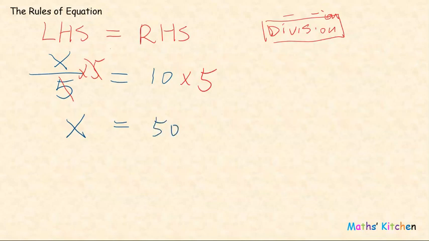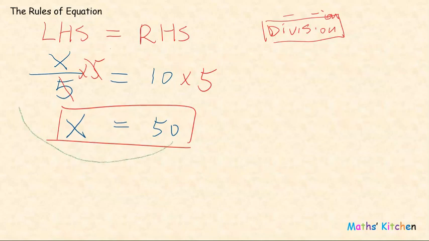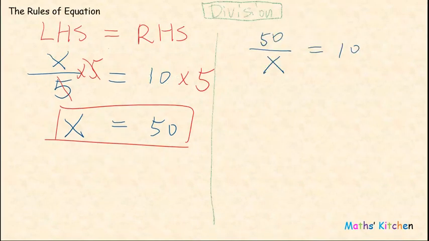So this is the answer. Of course, you can check your answer by simply moving 50 back to the variable x. Now in here, if you put down 50, 50 divided by 5 is 10. Your answer checked.